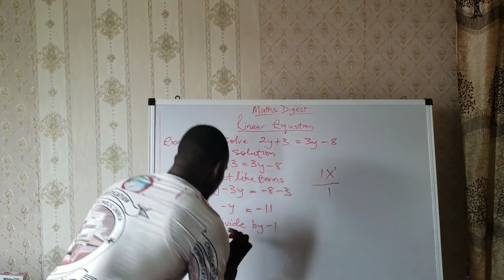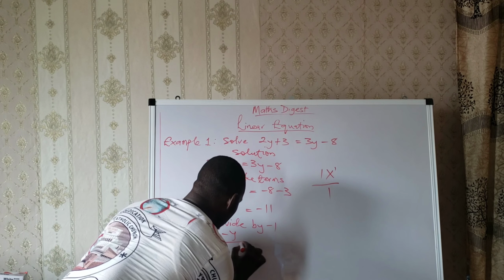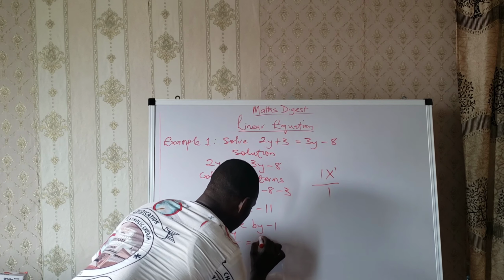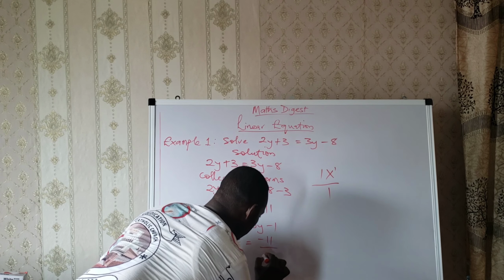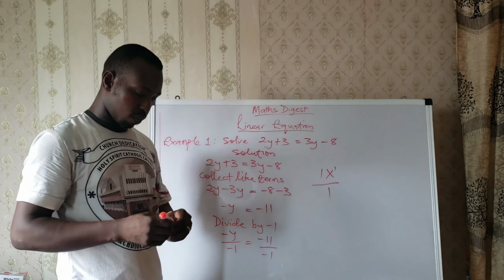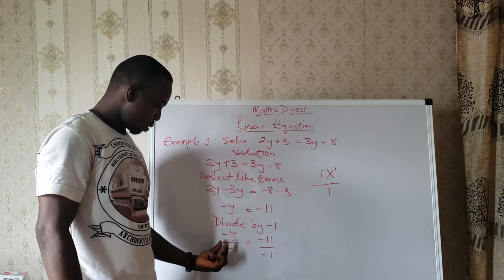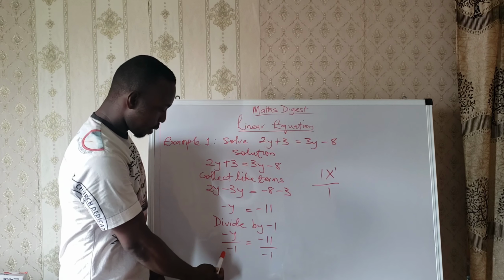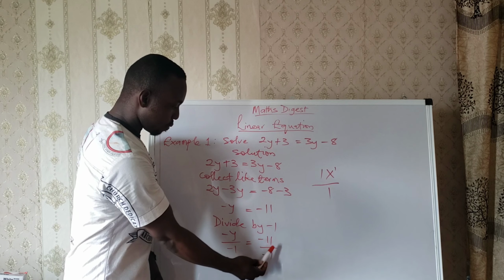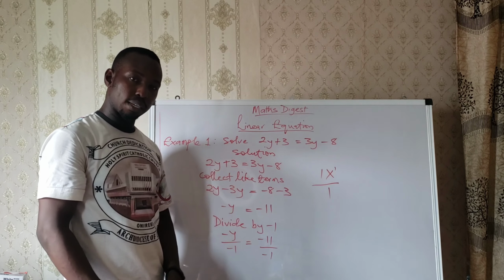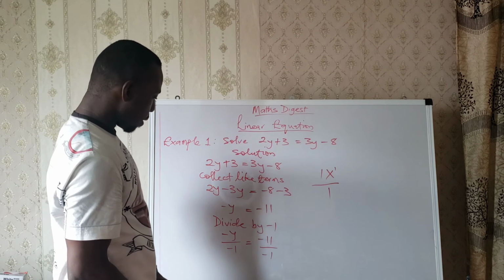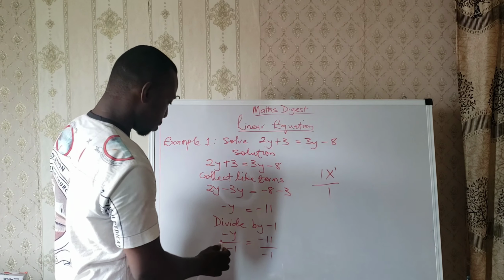Okay, so now, as you can see, minus y divided by minus 1 equals minus 11 divided by minus 1. Now I'm going to cancel out.